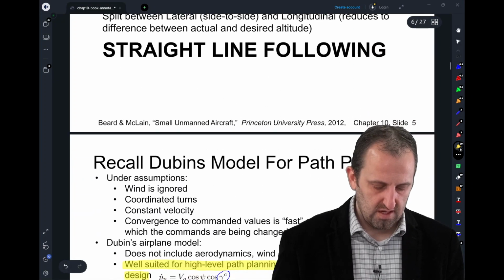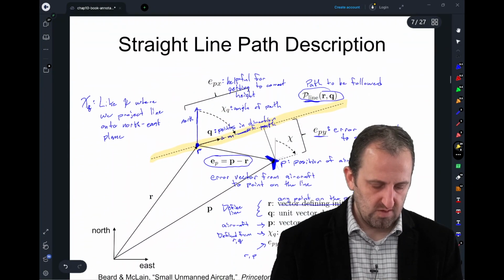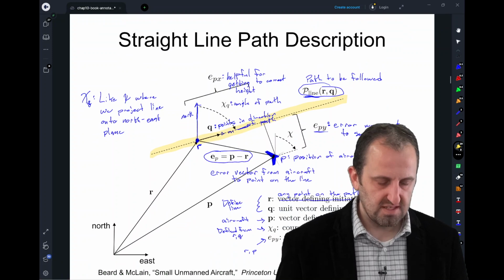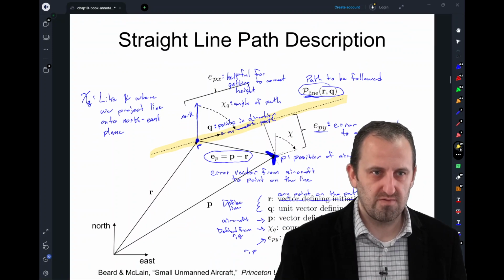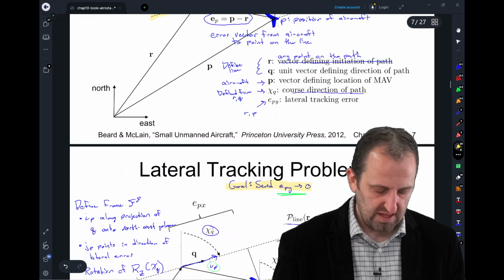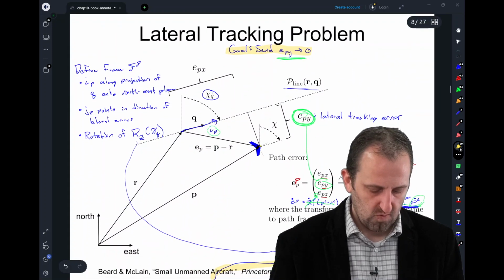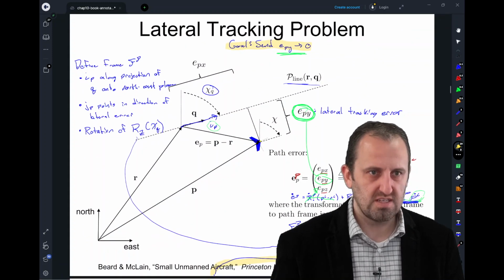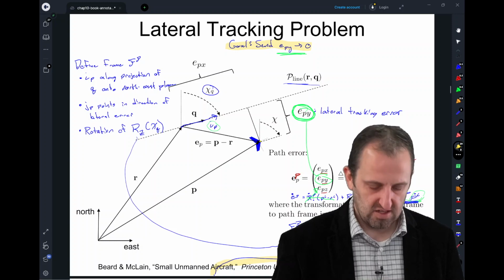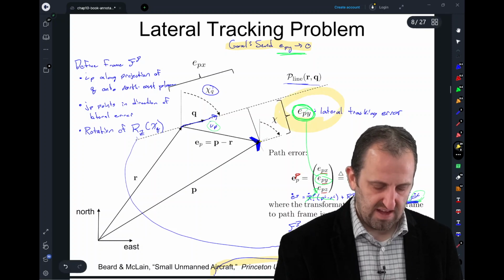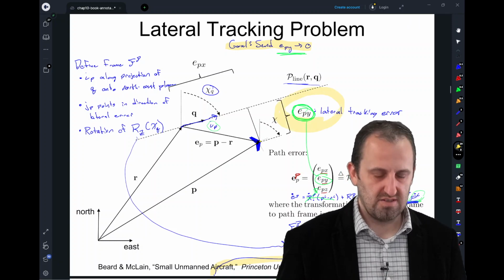So if we go down, we talked about here what it means to follow that straight line. We designed that straight line, and then for the lateral tracking problem, we projected everything down into the northeast plane, and we were able to design a control law that sent this value E sub p to 0.